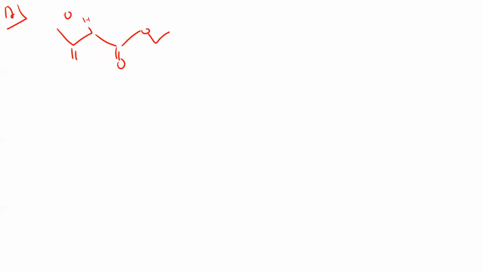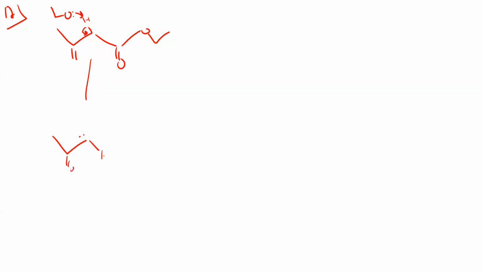We have a strong base in there. If that takes that proton, then we'll form a carbanion here. So then what I'm going to do is just draw this stuff here. This carbanion. Let's show it like that.